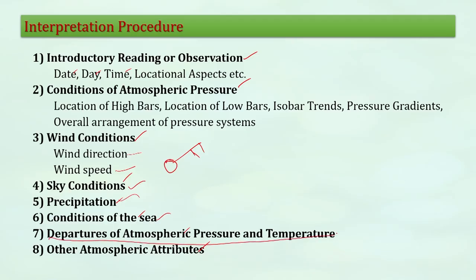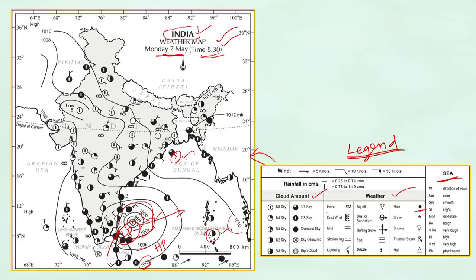and departure of atmospheric pressure, from which direction it is coming. See, the pressure here, this line is representing 1010, wherever the line goes it is 1010, but here is low pressure, here is high pressure. Usually the air will be moving from high pressure to low pressure.